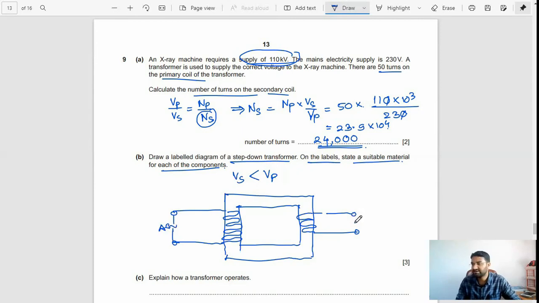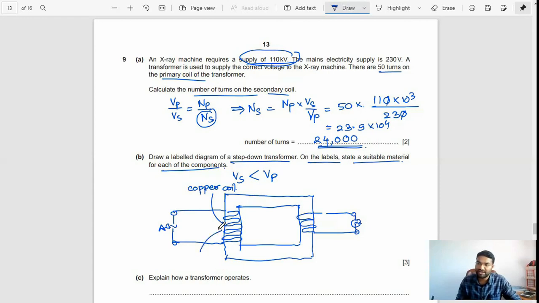AC generator and also AC. Then this is how you have to show it here. You can also write the material: copper coil. So soft iron core, copper coil, you can say.